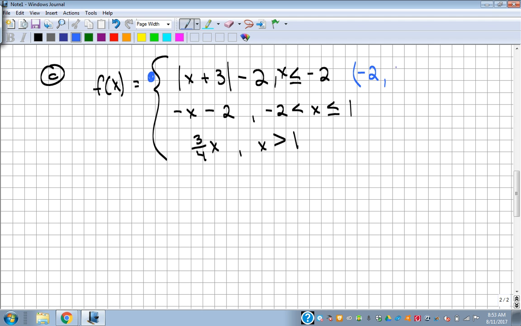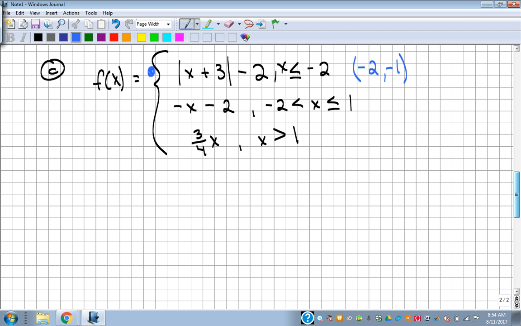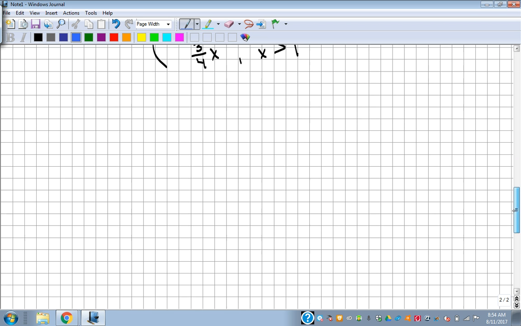Negative 2, right? What's the y value at negative 2? So if I plug in negative 2, that'd be 1. The absolute value of 1 is 1. 1 minus 2 is negative 1. So there's an important point for that graph at negative 2, negative 1.